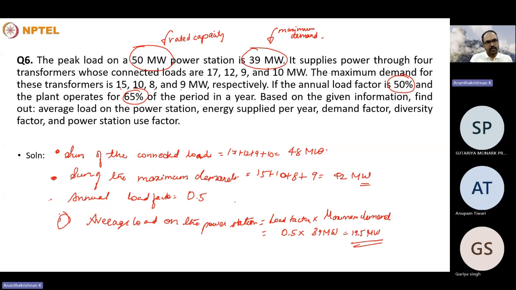Second part of the problem, we have to determine the energy supplied per year. So how will you determine this?